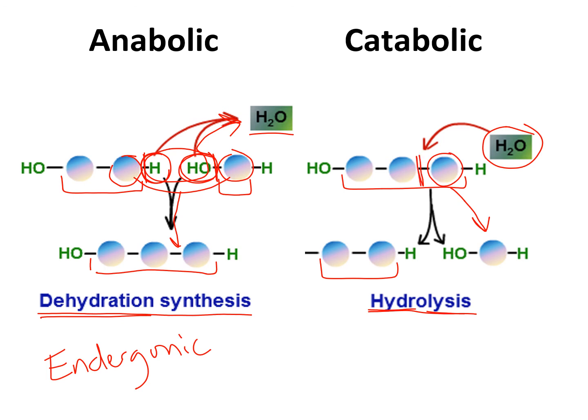And once that covalent bond is broken, molecules don't like unpaired electrons, so you're going to have to make some covalent bond in that place. So a molecule of water will be split, and one of the hydrogens will form the new covalent bond to one subunit, and the hydroxyl will form a covalent bond to the other subunit. And so this is a hydrolytic reaction.